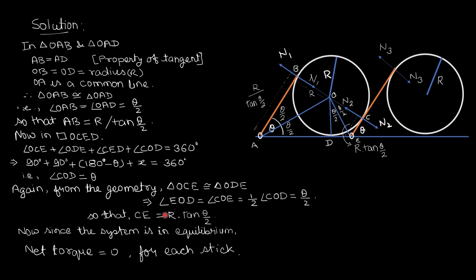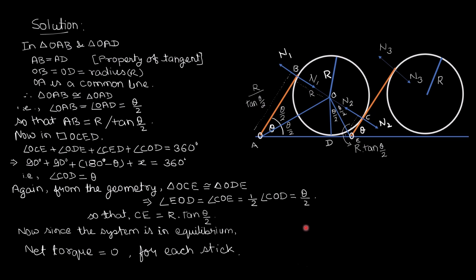That is, angle EOD is equal to angle COE, which is half of angle COD, equal to theta by 2. So we can say that the length CE is equal to r into tan theta by 2.